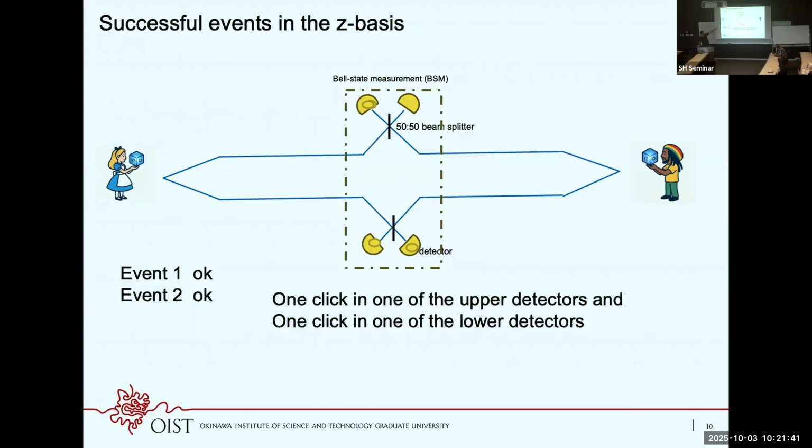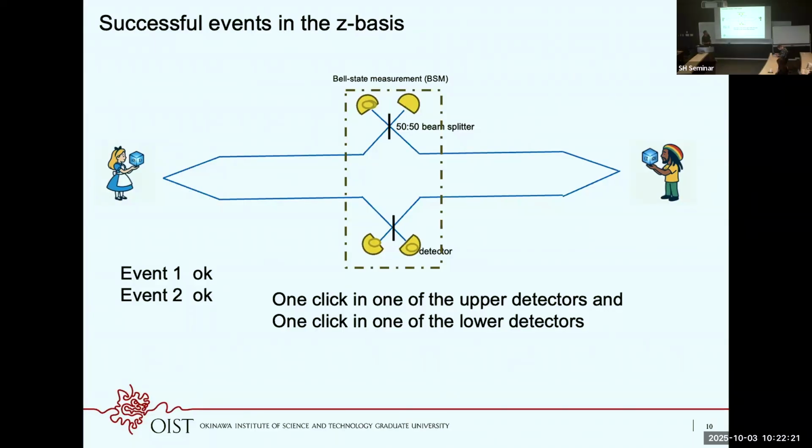Also, as I said, this node, the middle node, is completely untrusted, right? And as you can see in this type of measurement, we have this 50-50 beam splitter. The reason we put this 50-50 beam splitter is because we want to get rid of the information about where the photon arrived from.